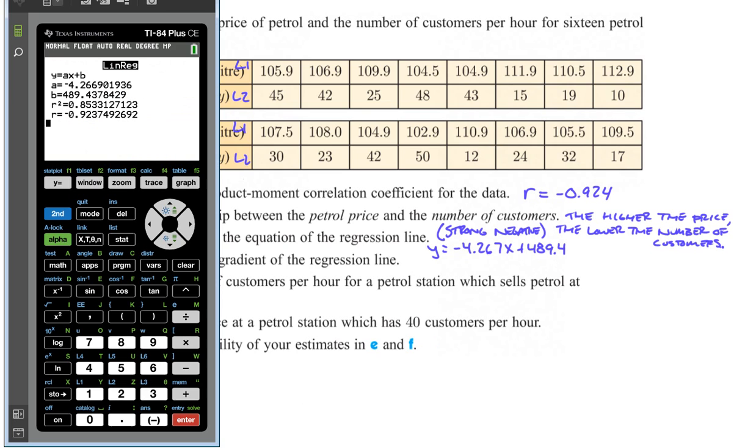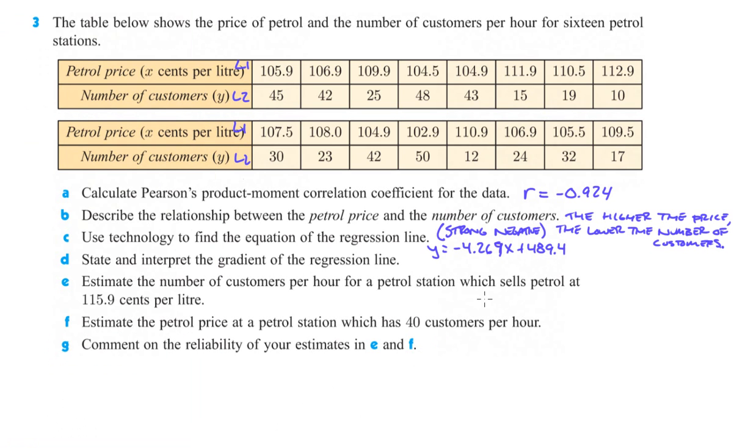Yeah, 489.4, negative 4.269. Now it says state and interpret the gradient of the regression line. So the gradient is negative 4.269. Interpret the gradient. That means for every penny the price goes up, they're going to lose about 4.3 customers.